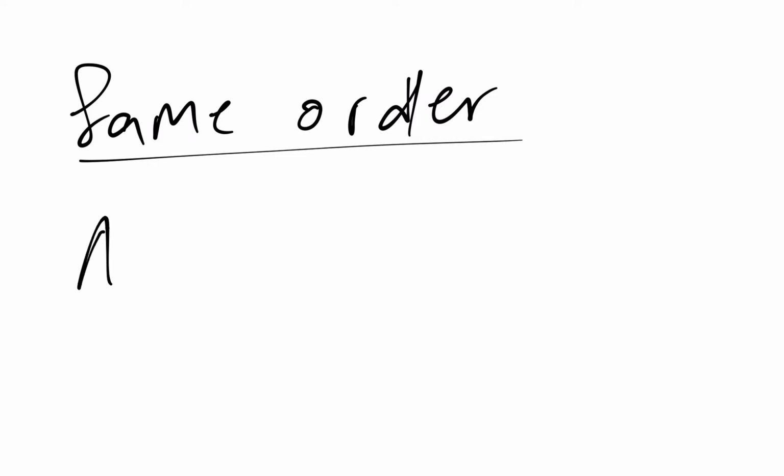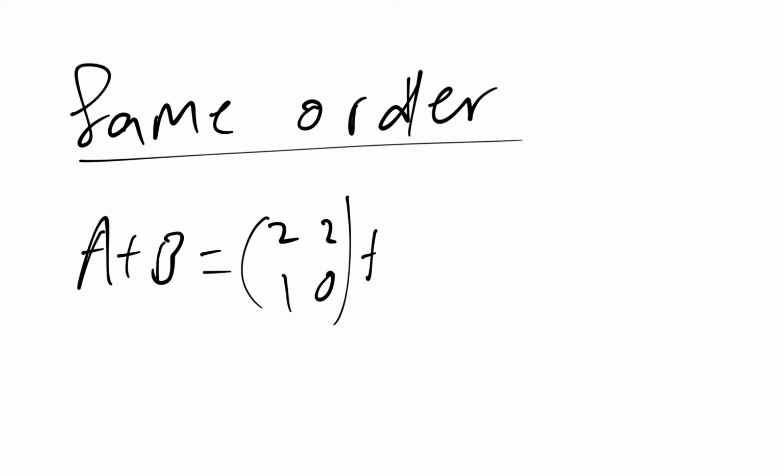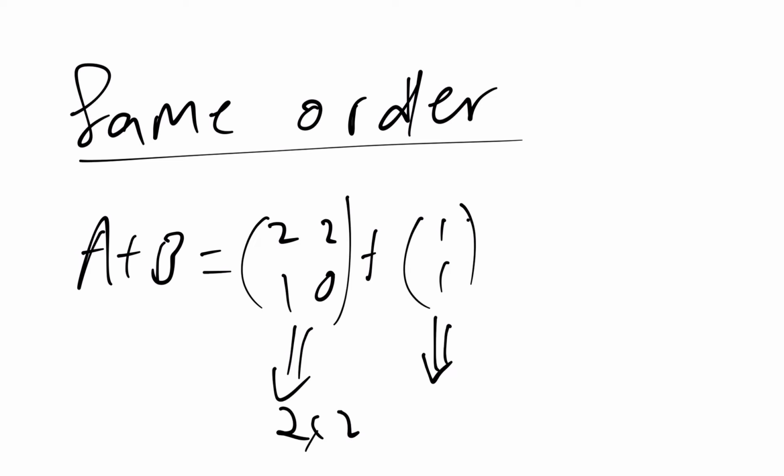For instance, if we are saying A plus B, matrix A's order is a 2 by 2, just like this matrix, then you try to add matrix B, which is a 2 by 1 matrix. The addition here is not possible since the orders of the matrices are not the same. This is a 2 by 2 matrix. This is a 2 by 1 matrix.